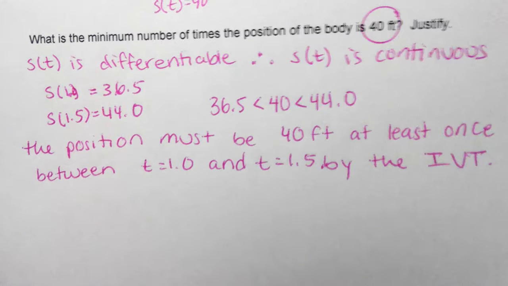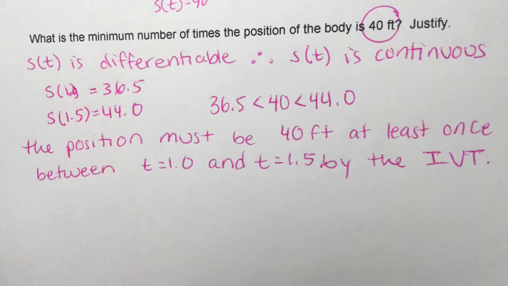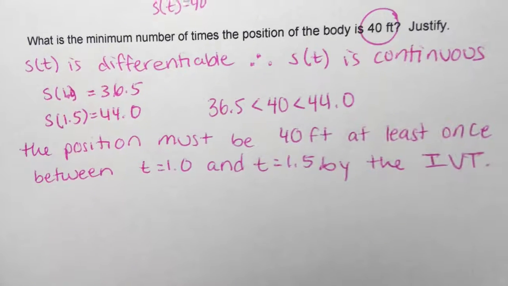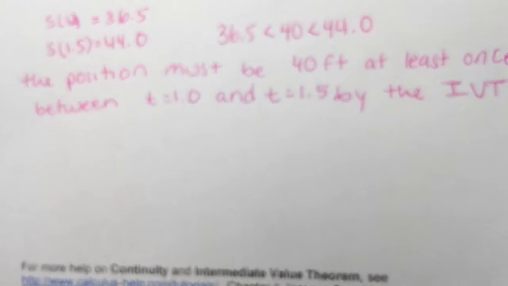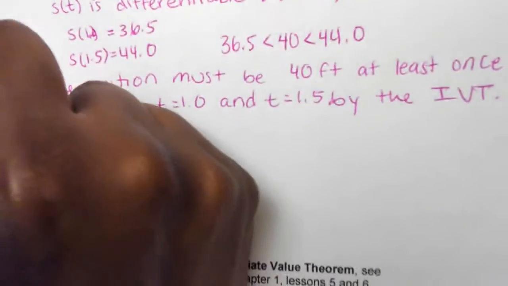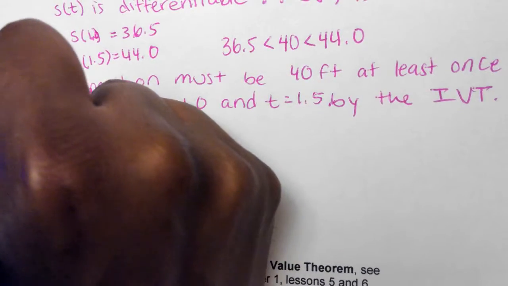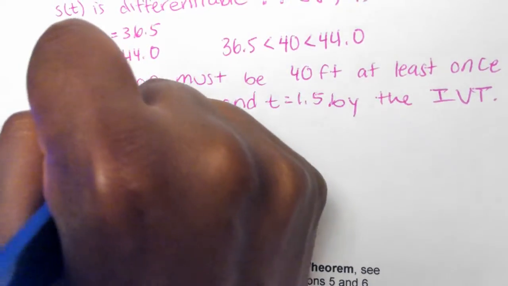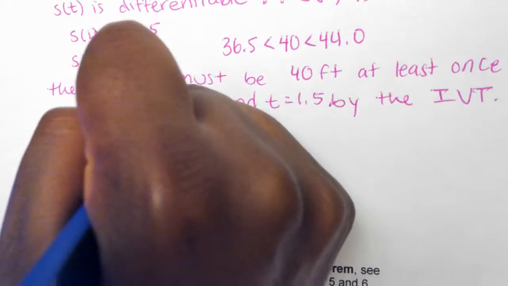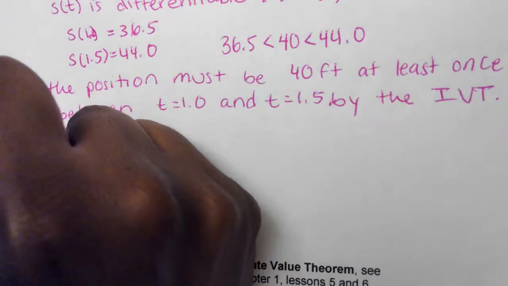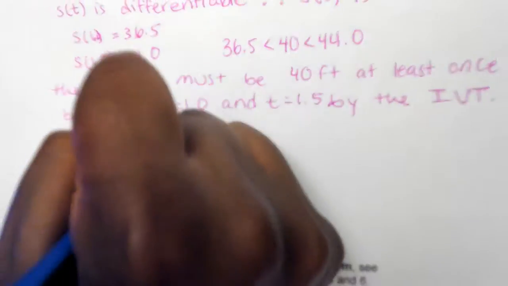But when we looked at our table, we knew that this happened more than once. So we want to also justify that this happens when S of 3.5 equals 44.0 and S of 4.0 equals 36.5.